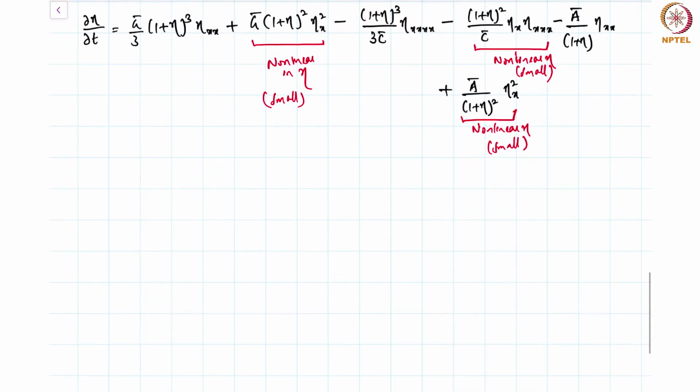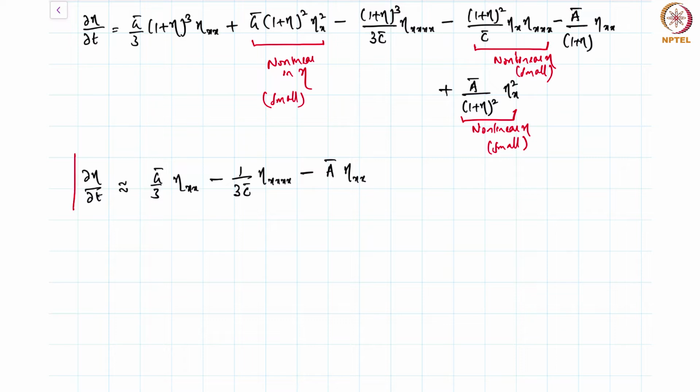So if I ignore these nonlinear terms in eta, what I now have is a simplified equation, a linear equation, which is approximately g bar by 3, only the linear terms, eta xx, minus 1 by 3c bar eta xxxx, and finally I have minus a bar eta xx.